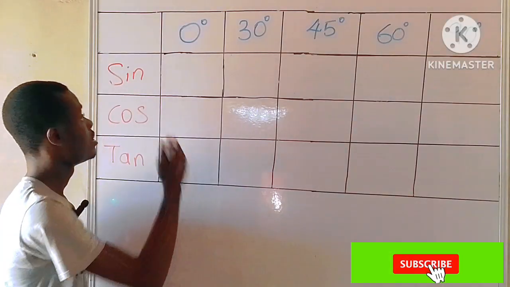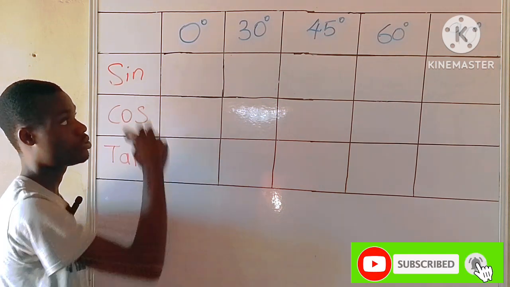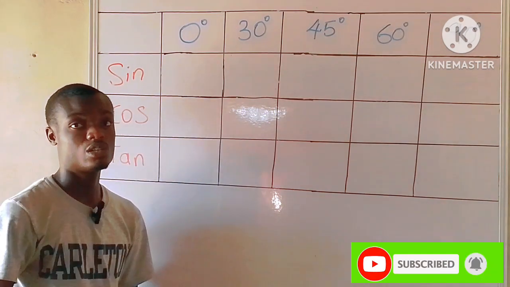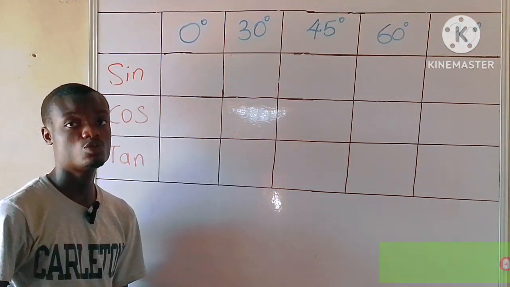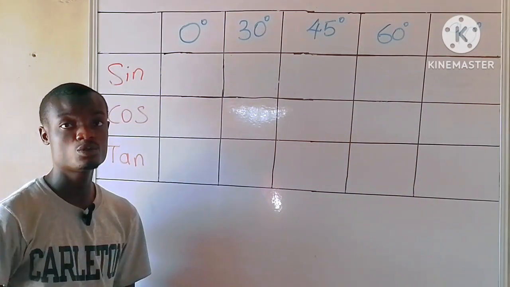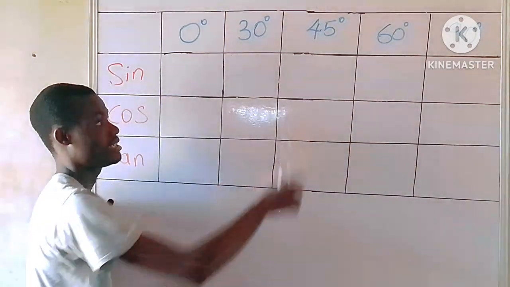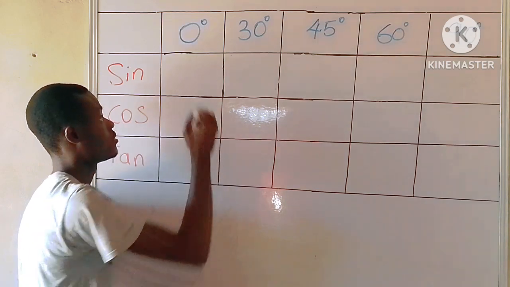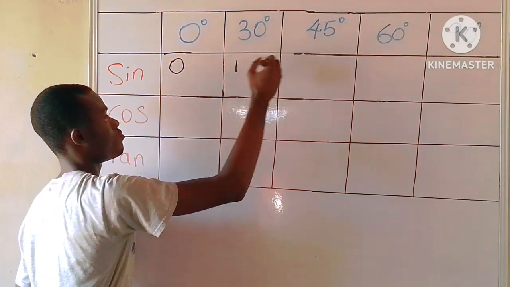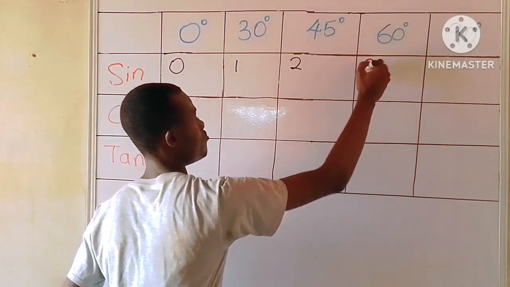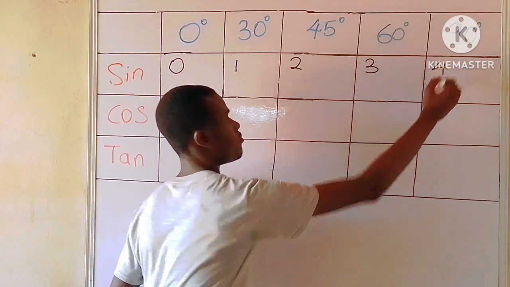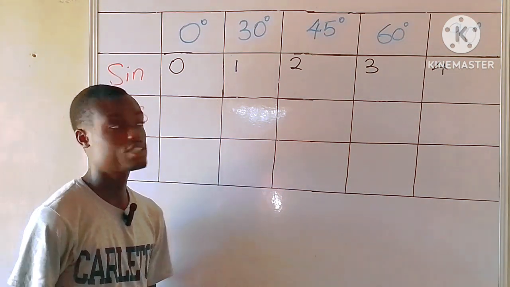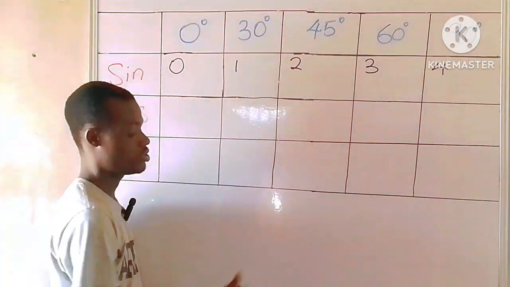So we have sine, cosine, and tangent on this column, and we have our special angles on the other column. So the first thing we have to do is to number from 0 to 4 on the sine column. So we have done that. We are going to take the square root of these numbers.